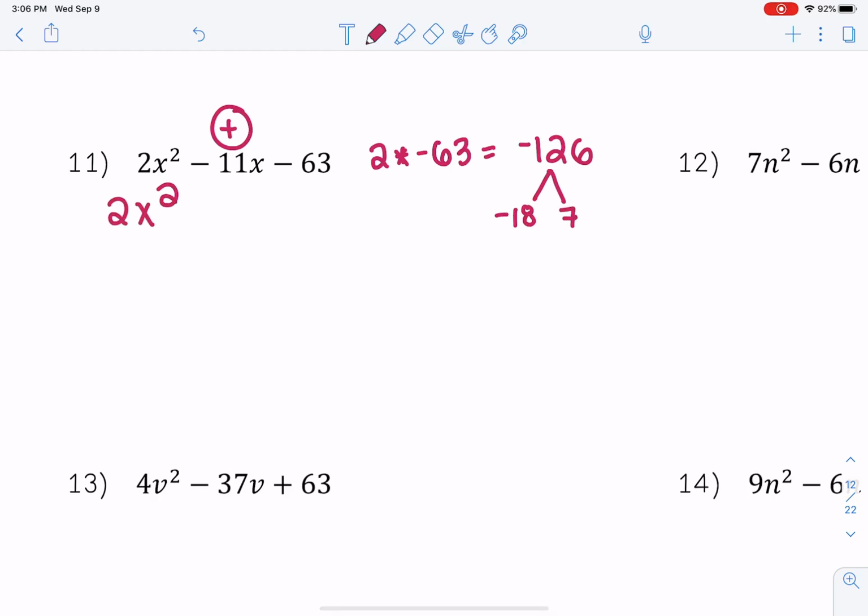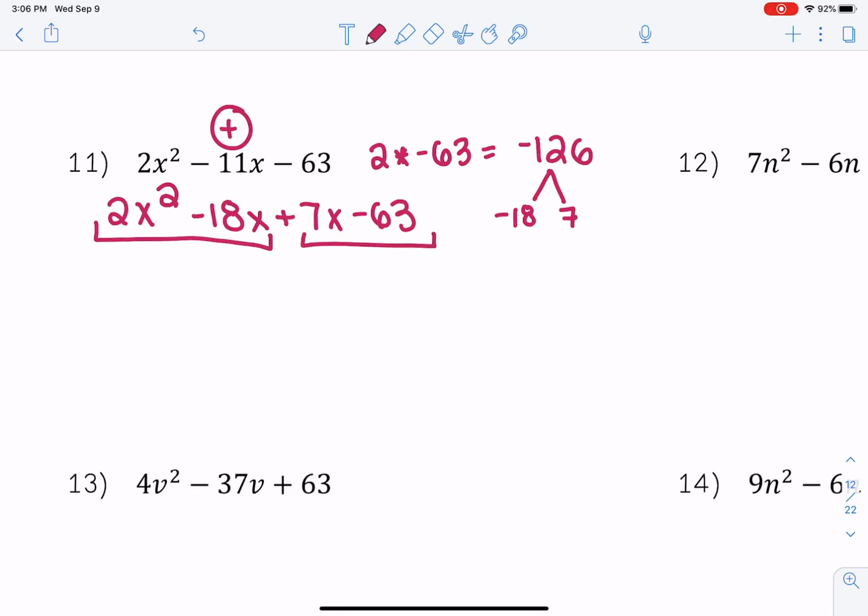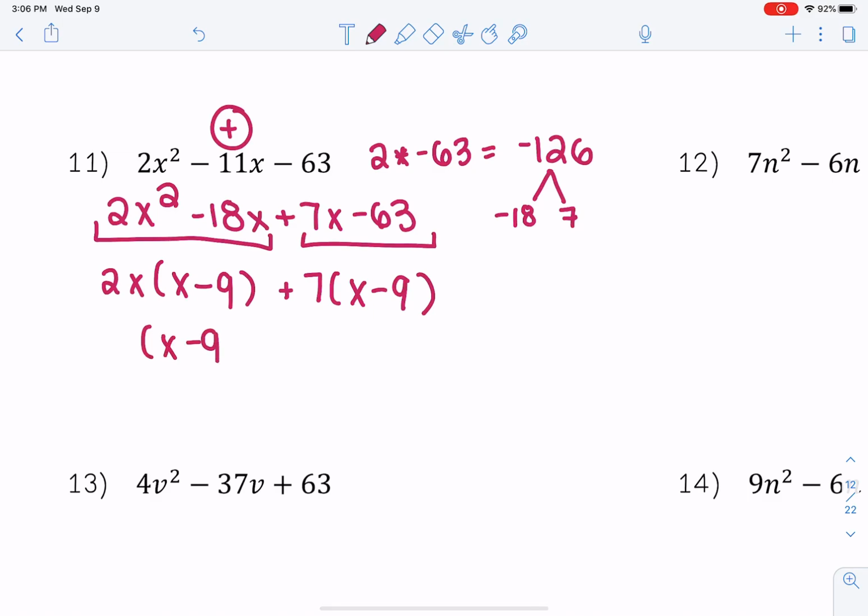So now I'm going to split my middle term up. I'm going to regroup. And there's my answer.